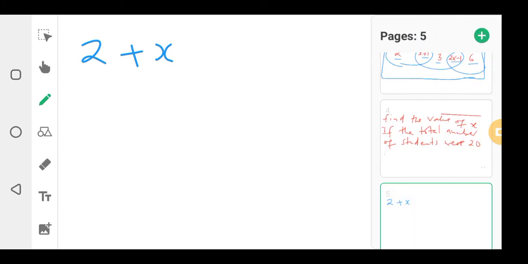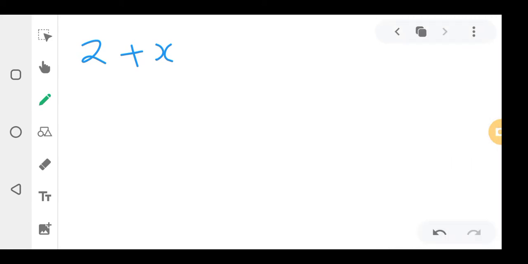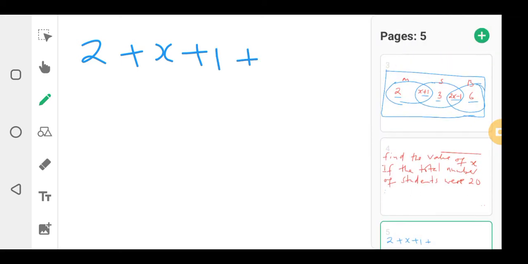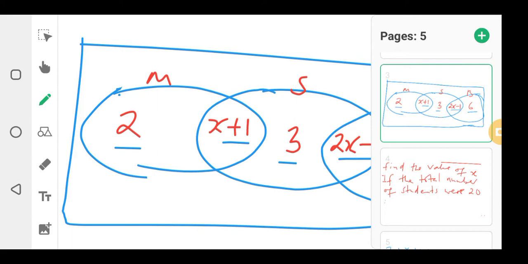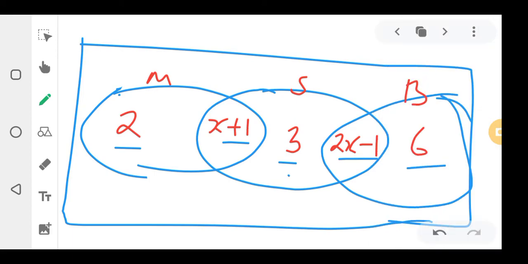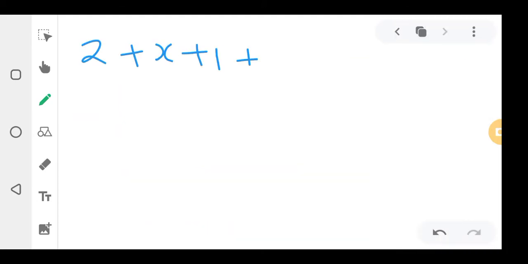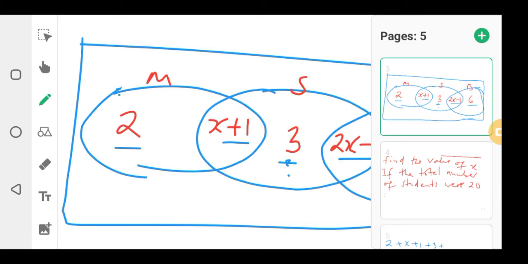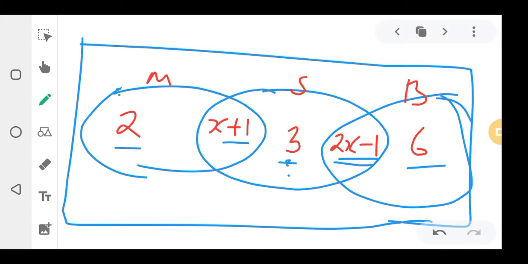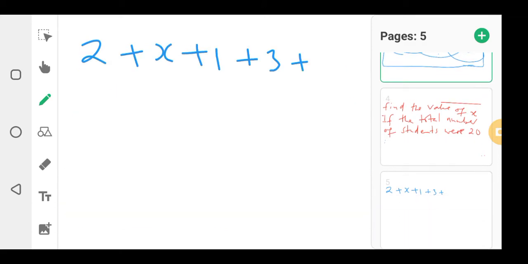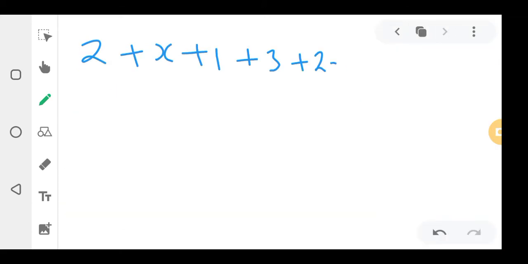2 plus x plus what? x plus 1 plus the other number there, which is 3. As you can see, there are 3 here. So plus 3, plus the next number, 2x minus 1, and then plus 6.